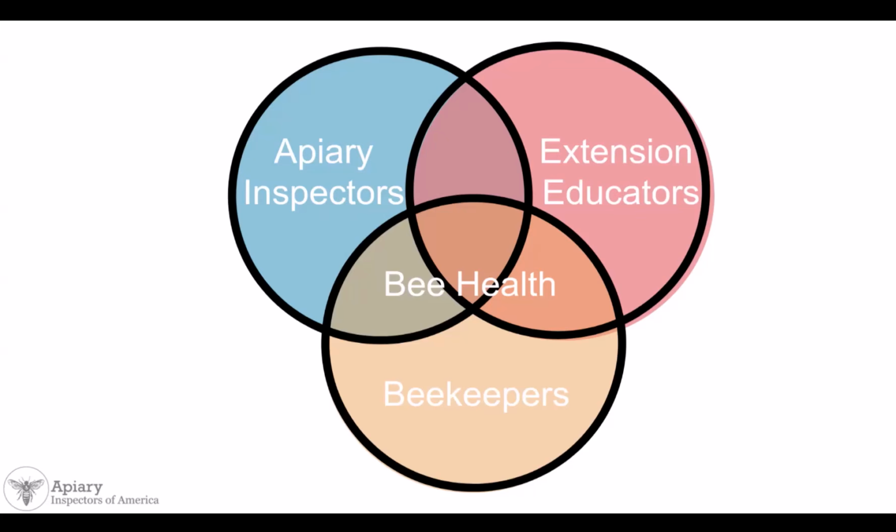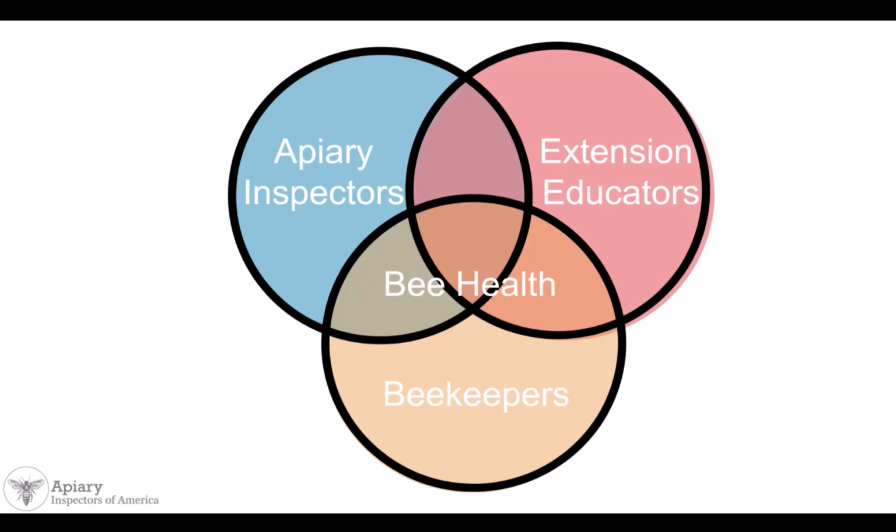And as extension educators, you have all been getting all this information so that you can reach out to the beekeepers. We think it's really important also for the beekeepers to understand their roles, that they're the ones out there in their hives. We want beekeepers to be engaged and for everyone to work together to prevent and prepare for an incursion if something were to happen, whether it's when they see something to reach out to their extension agent or their apiary inspector, if they see something they need help with or have questions about.